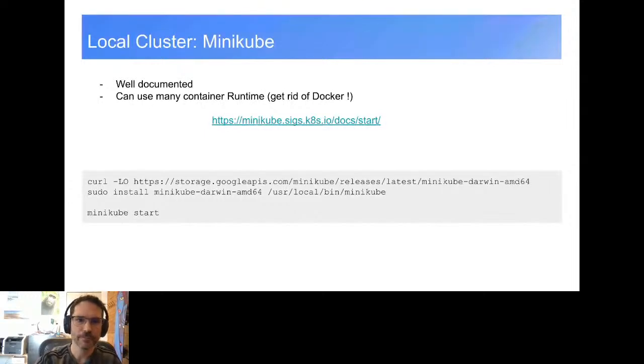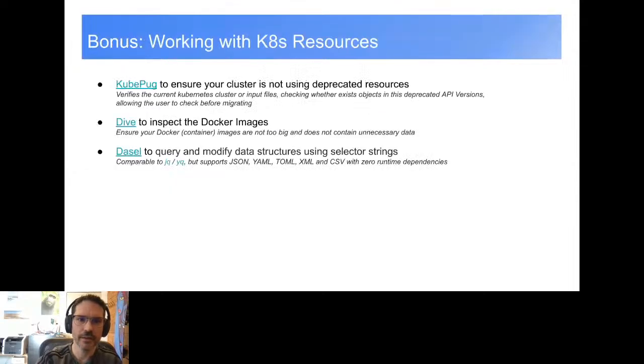Bonus tooling. These are 3 small applications that I recommend having if you're working with a production. Kubepug is an application to check either local resources you want to deploy or resources in a running cluster, and check if those resources are working with a specific Kubernetes version.